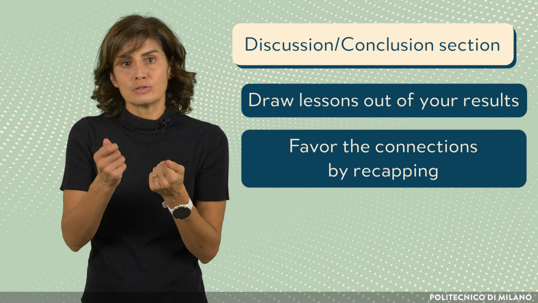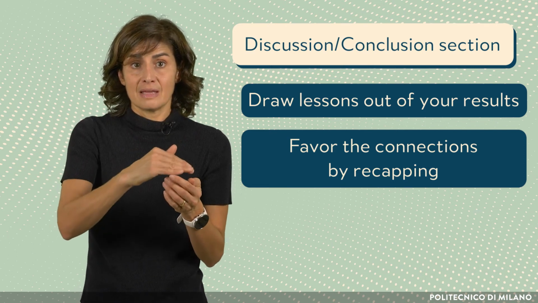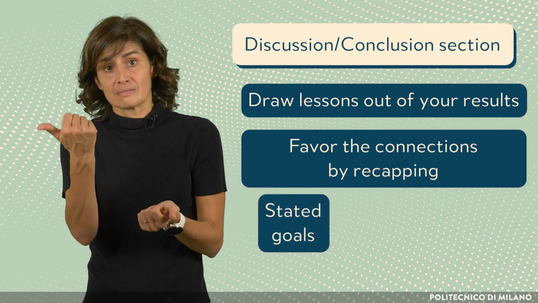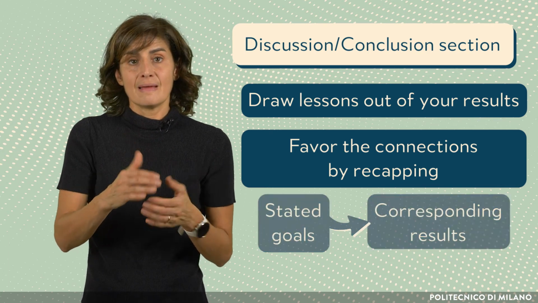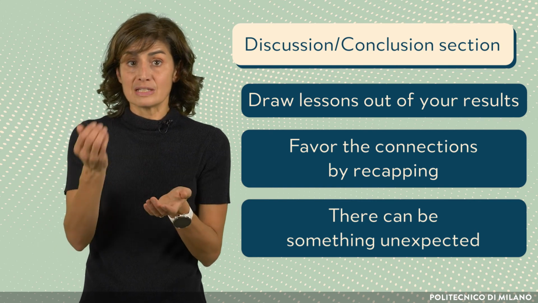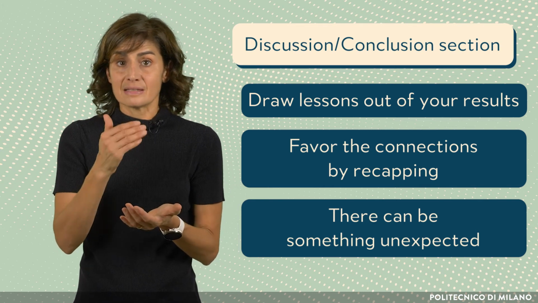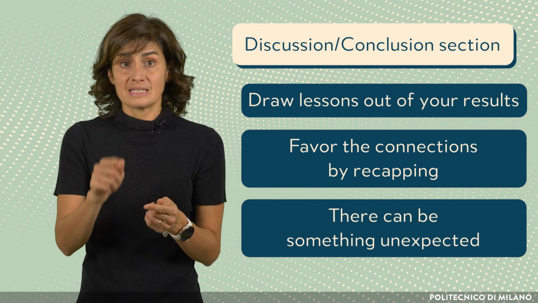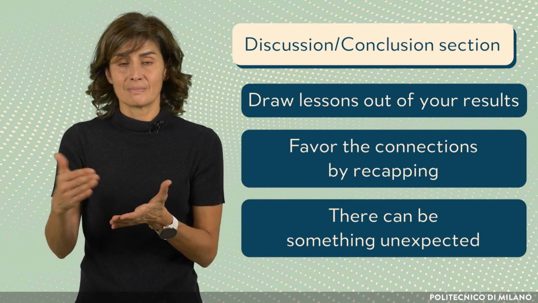It may be useful to favor the connections by recapping, better if with the same words, the stated goals and complement them with the corresponding results. There can be something unexpected as well, something that you had not foreseen at first. Do include it and make it clear that that was not expected, but still it's an interesting additional result, and under what respects.